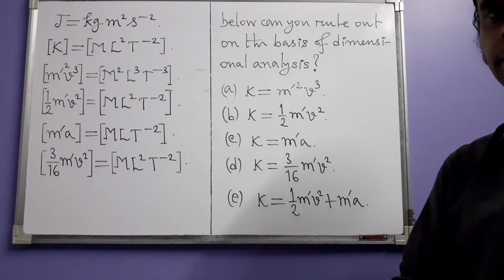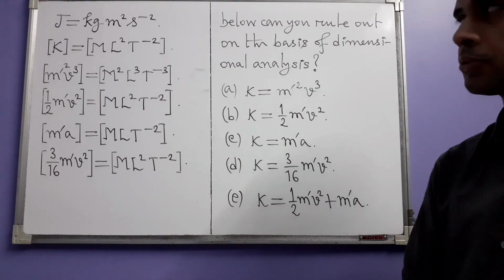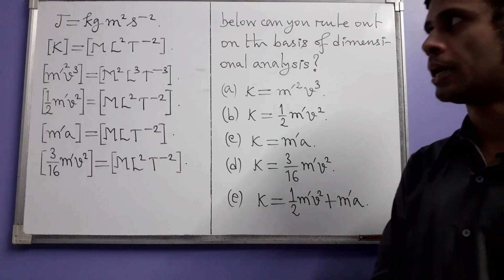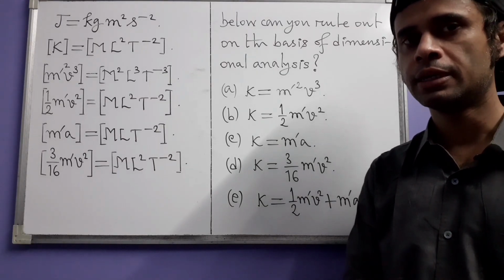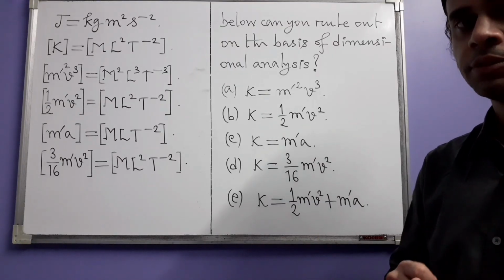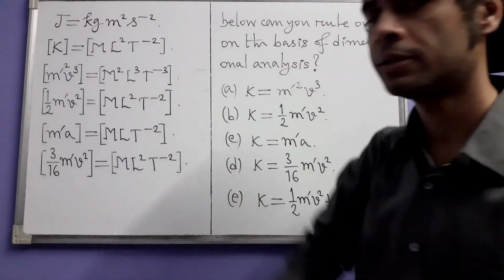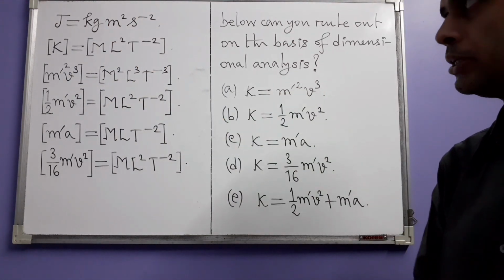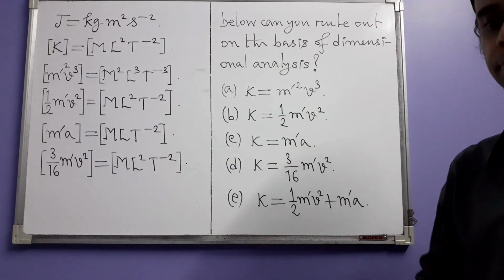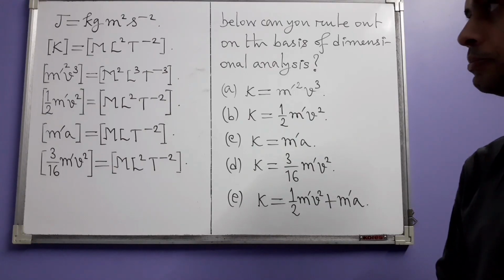So the structure of this unit, which of course is our joule, tells you how kinetic energy is a derived quantity. I mean, how does it come from mass, length and time? And that immediately tells you that the dimension of kinetic energy is this, mL^2 t^-2, or mL square t to the power minus 2.